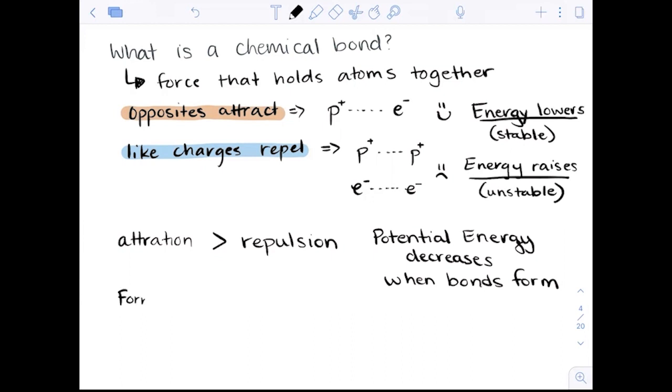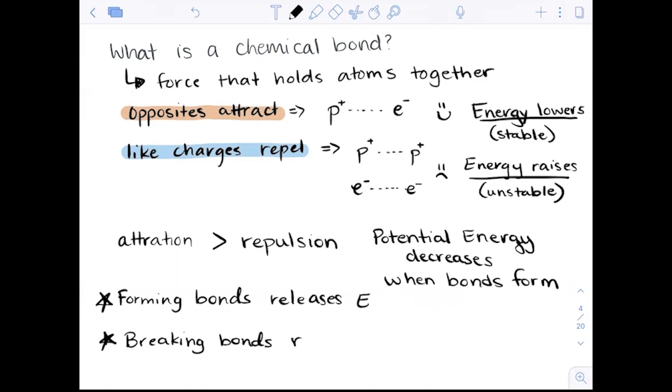Forming bonds releases energy, which means the opposite for breaking bonds. Breaking bonds requires energy.